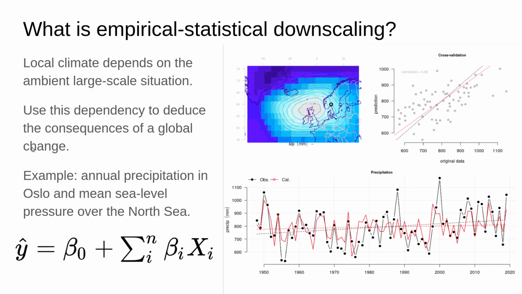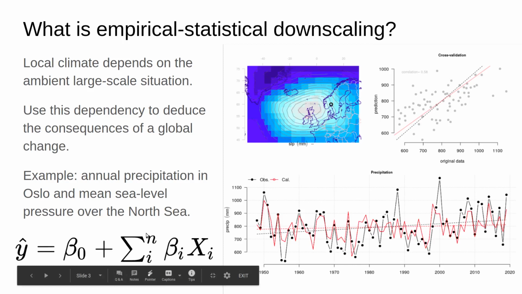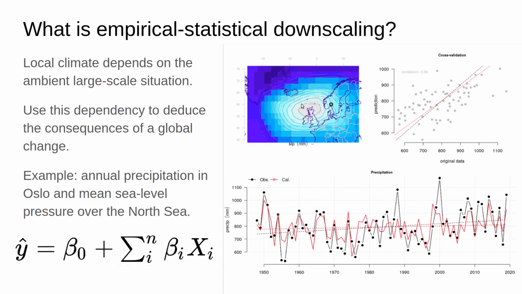So we use a multiple regression, and you can see on this figure, the first panel shows the sea level pressure anomalies, and there's a low over Scotland, which implies that you have southerly winds for Oslo here.